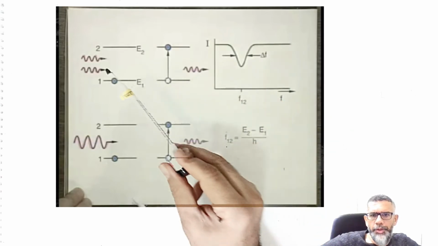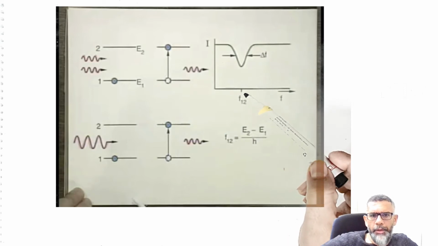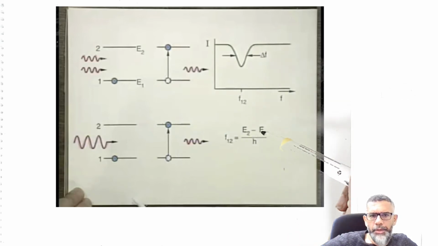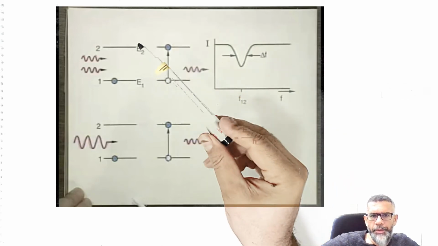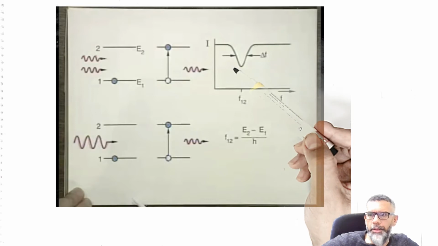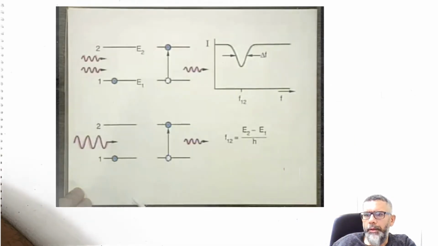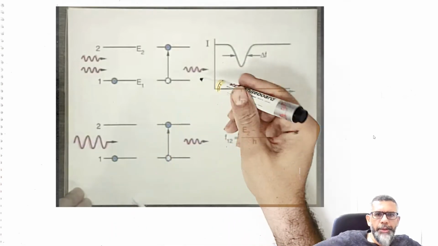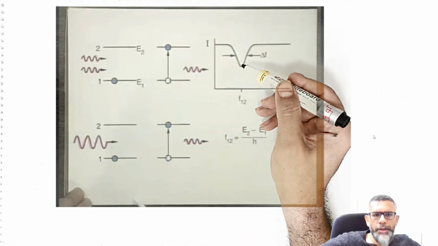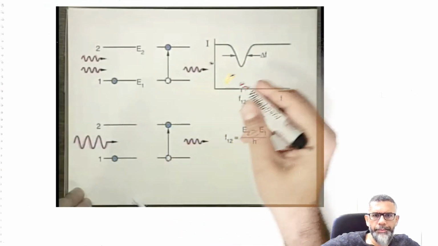But when hf, or the frequency, happens to be equal to the energy difference between the levels, then you see a dip. You observe a dip in the spectrum, telling that there is some absorption of the intensity in the incoming photons.